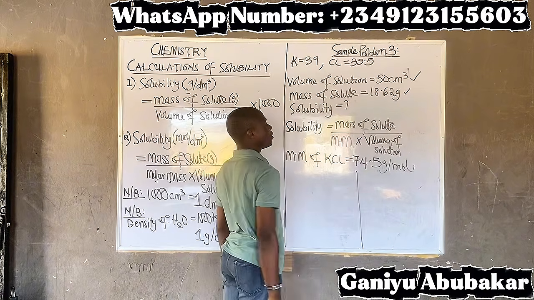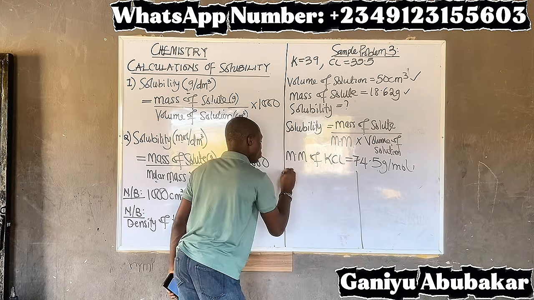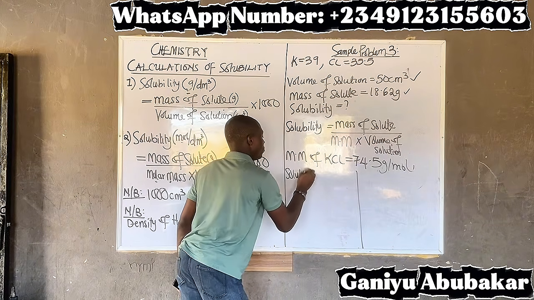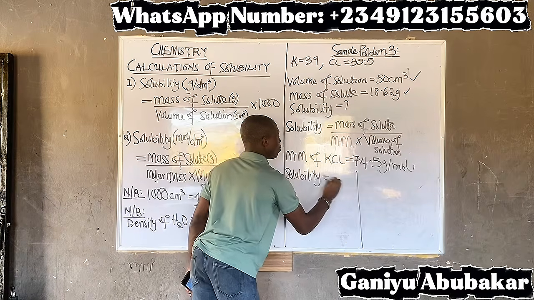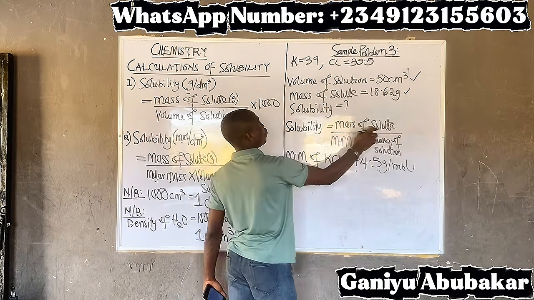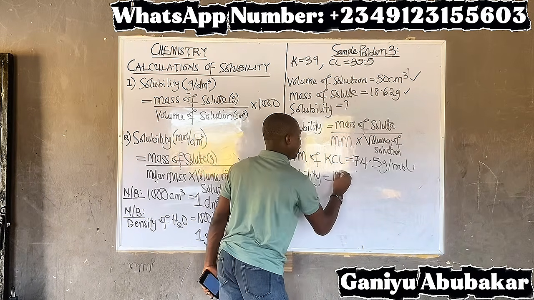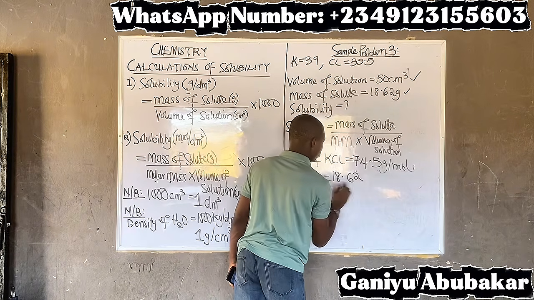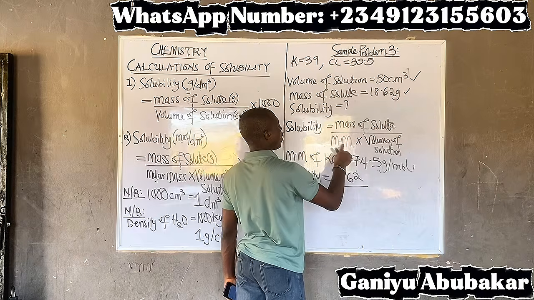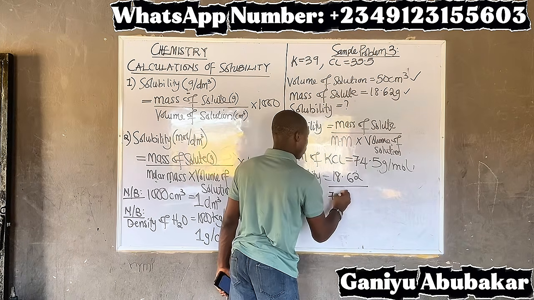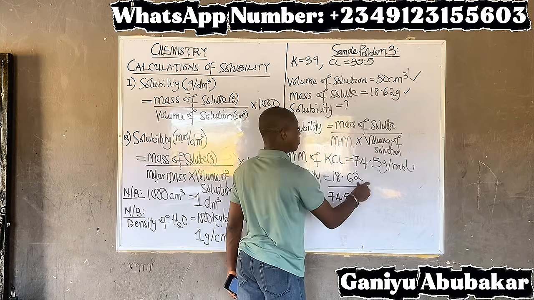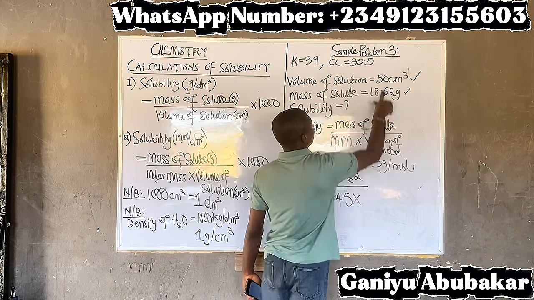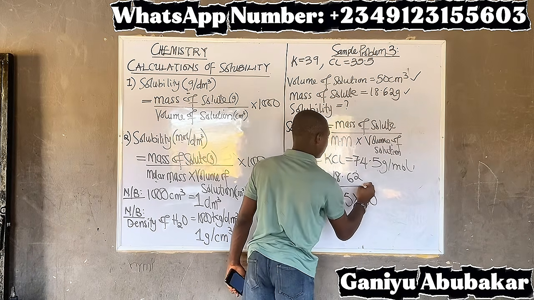So all three things are known. So solubility equals mass of solute, that's 18.62 grams, all over molar mass, 74.5, times volume of solution, 50.